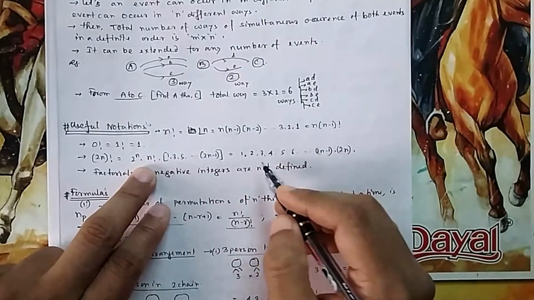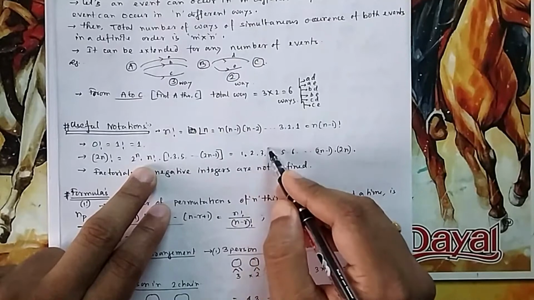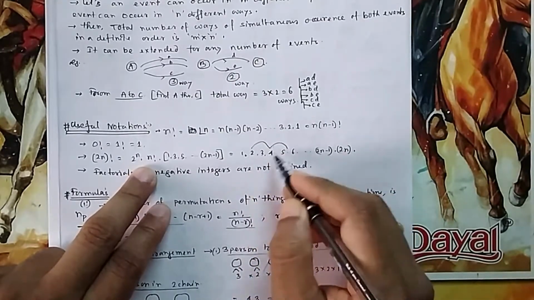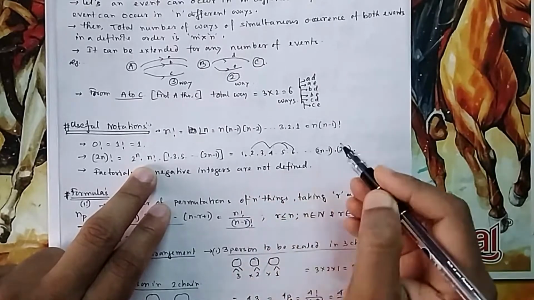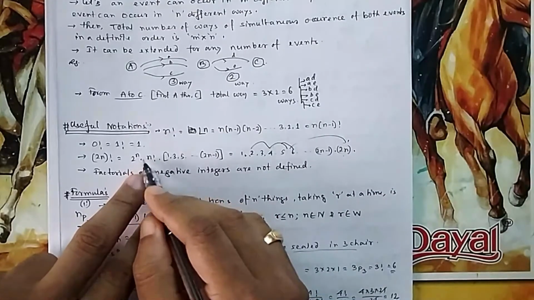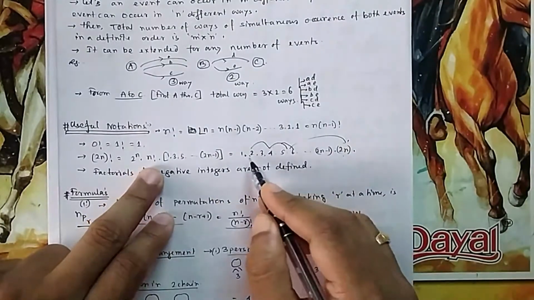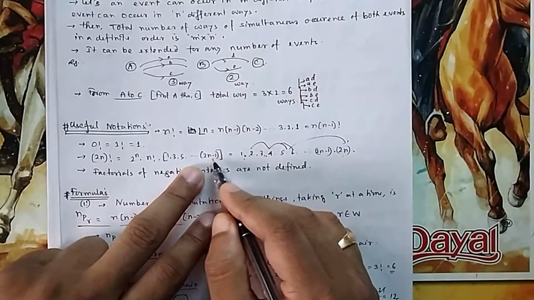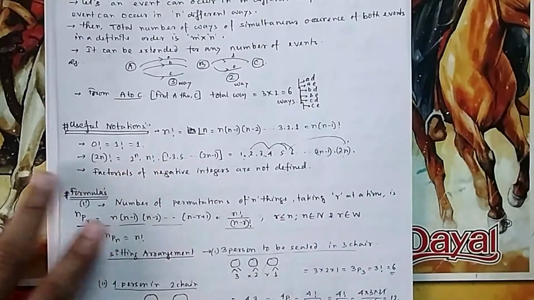Then from the even numbers it will be 1, 2, 3, dot dot dot up to n, which becomes n factorial, and 1, 3, 5 is a separate series of odd numbers. So you can write it this way also.